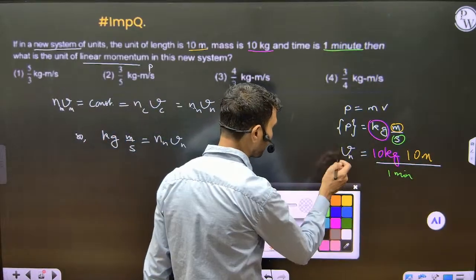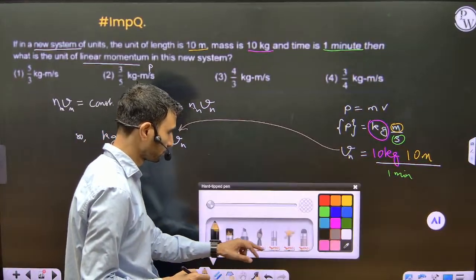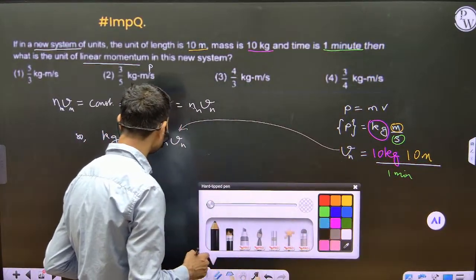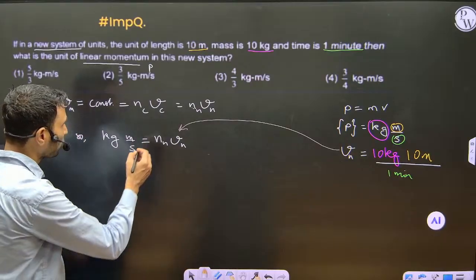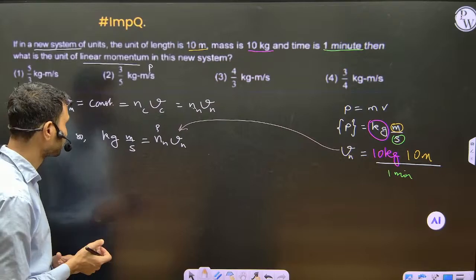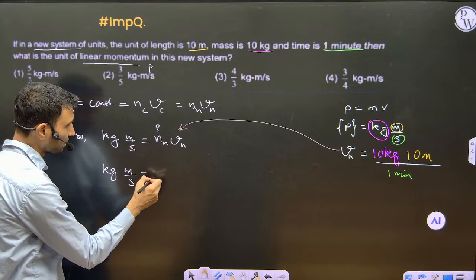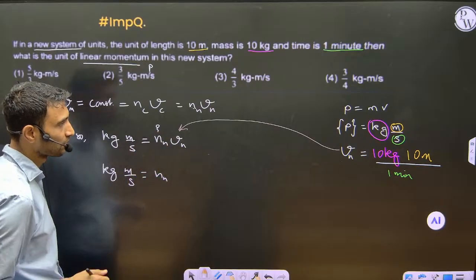And that value I can take and put it here. But I don't know nn, that I have to find out. So I get kg meter per second is equal to nn into un. But what is un, guys?